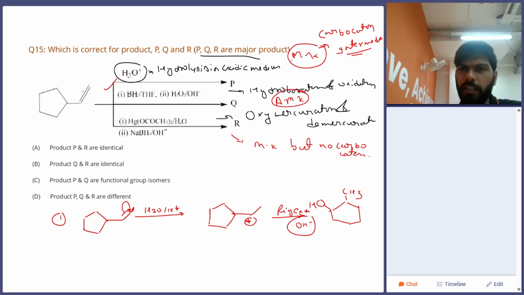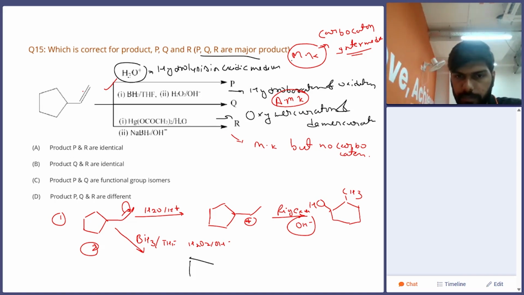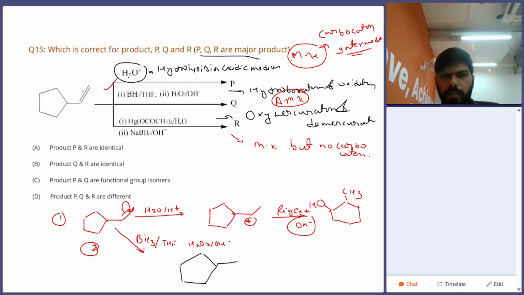Then here there is no need to do any such thing. Only for the second part, with BH3 and THF and H2O2 OH minus, anti-Markovnikov will be applicable. Simply OH will attach here and H will come.